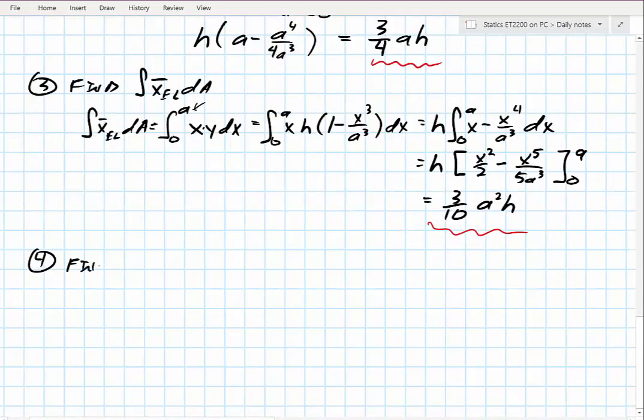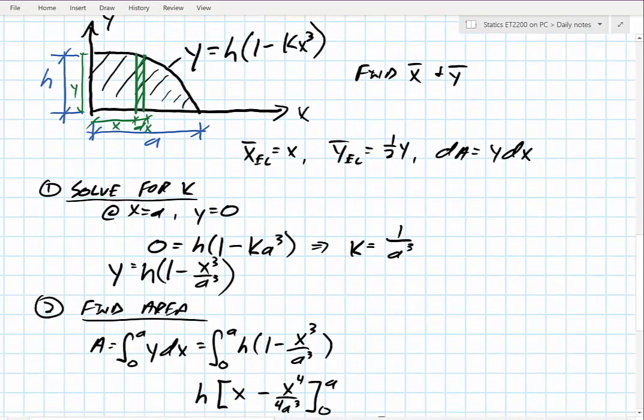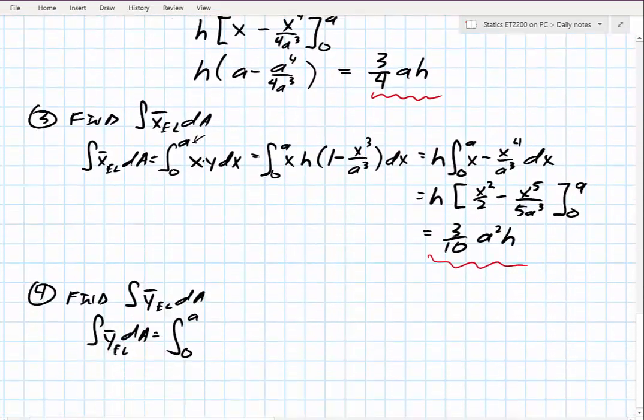We said we want to find the integral of y bar element dA, and so doing our substitution, what I can say, forgot my dA, that's the integral from 0 to a. And then for this y bar, the element is 1/2 y.